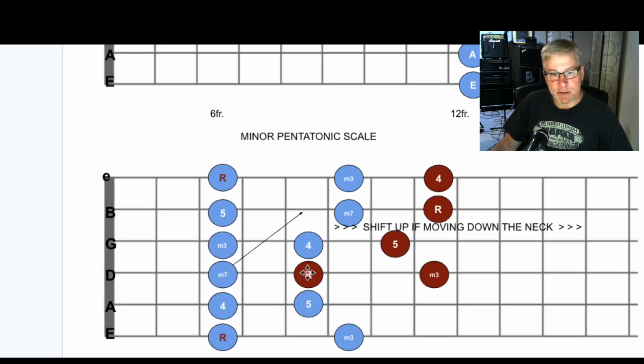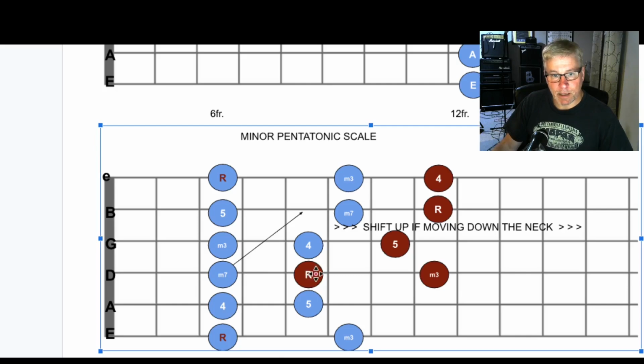The minor 7th in relation to a root note is 2 frets less. There's a perfect fifth below the root note. Diagonally we have the minor third, but that gets far away from our root note. But the minor third is 3 across from the root note, just three frets down.